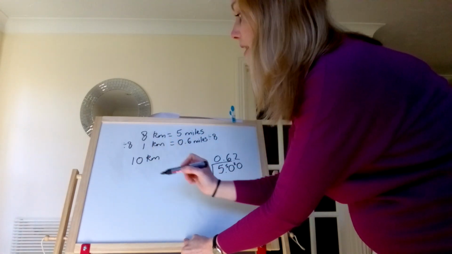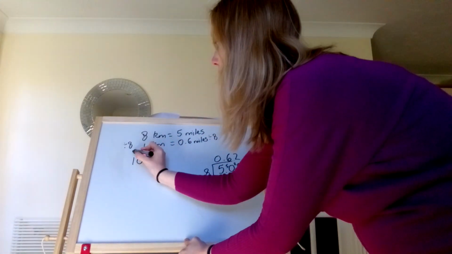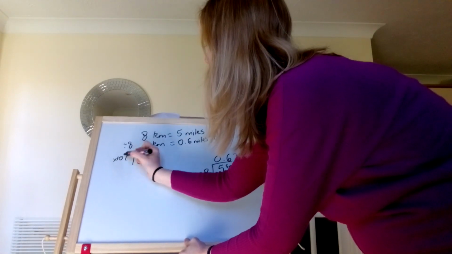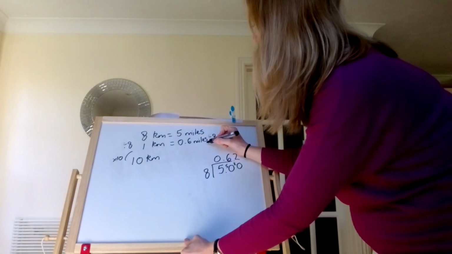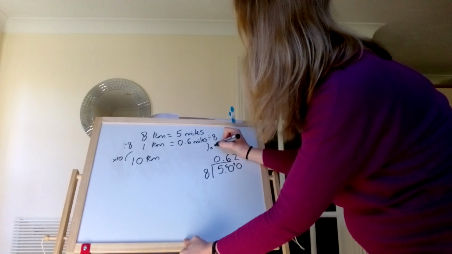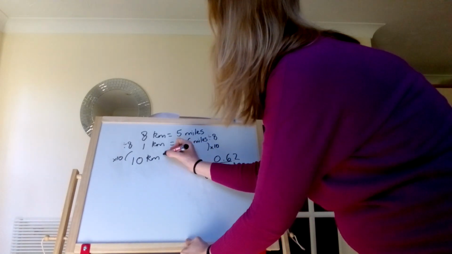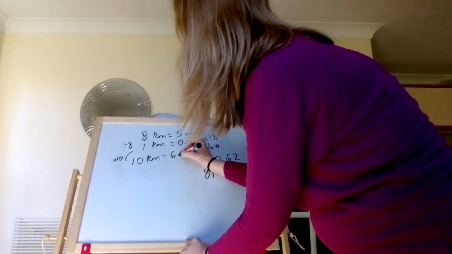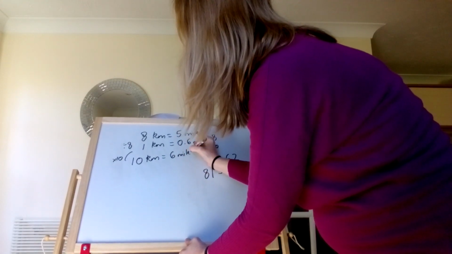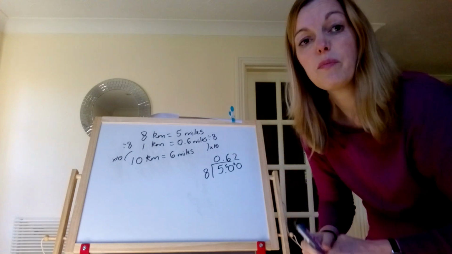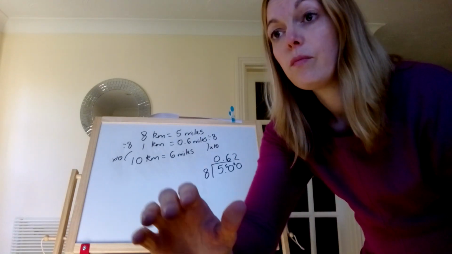I need to know 10 kilometres, which is going to be 10 times bigger. So then we just make this number 10 times bigger. So 0.6 times 10, we know is 6 miles. So 10 kilometres is about 6 miles.